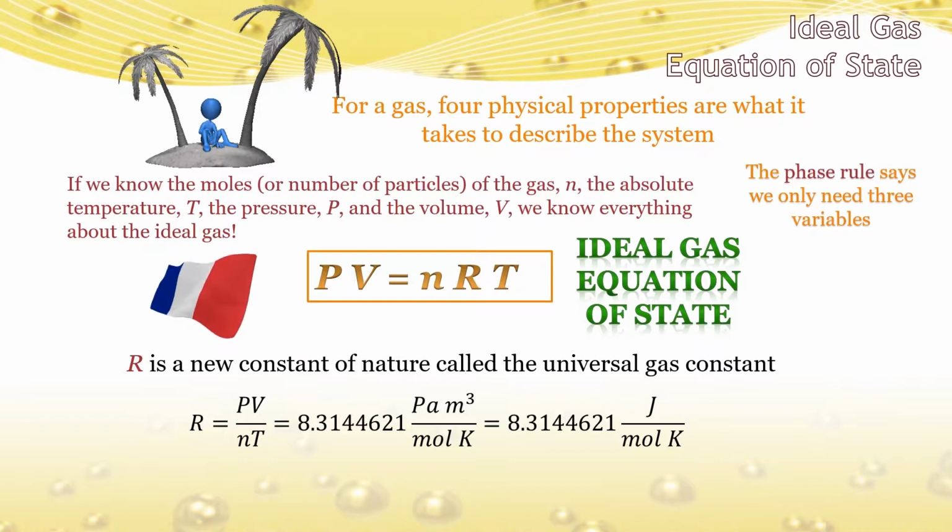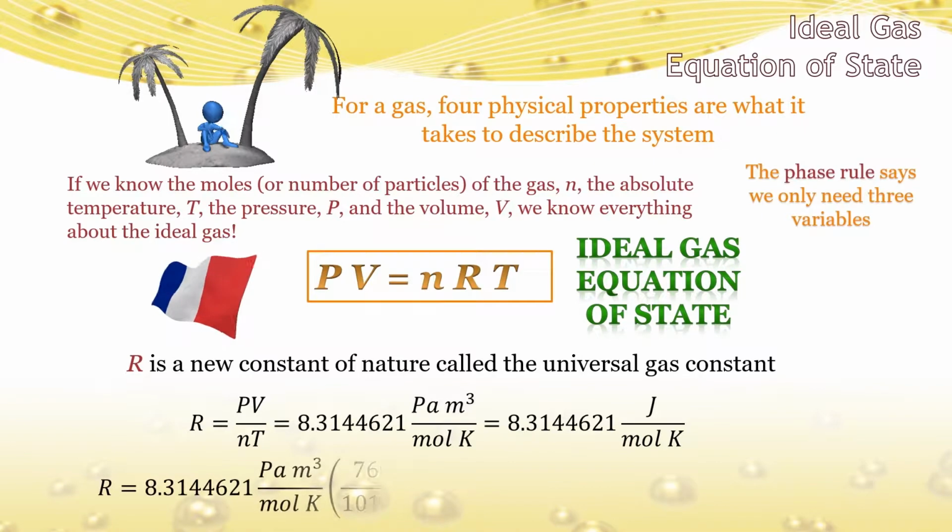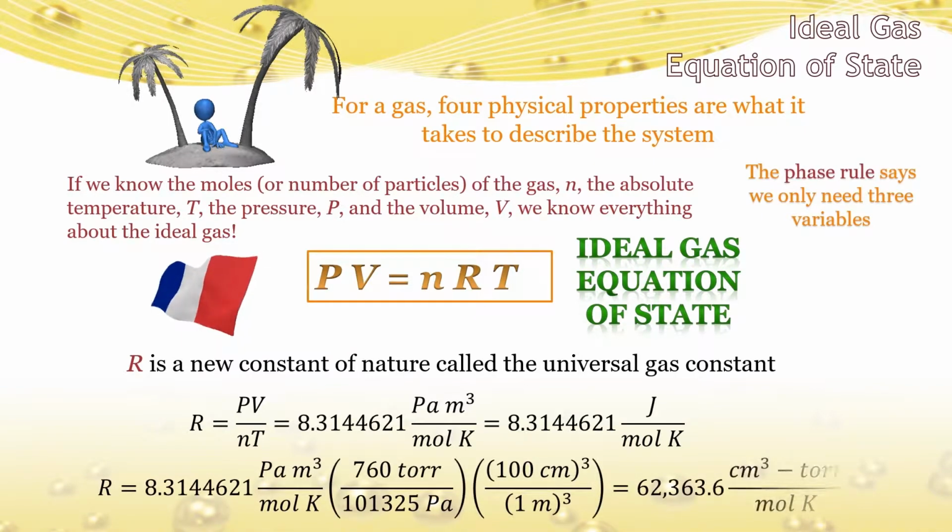So we also can say that R equals 8.3144621 joules per mole Kelvin. Cool. We know many conversions at this point, so it should be rather straightforward to calculate R in other volume and pressure units. I've shown on the slide how we can compute R in the units of centimeters cubed torr per mole Kelvin.